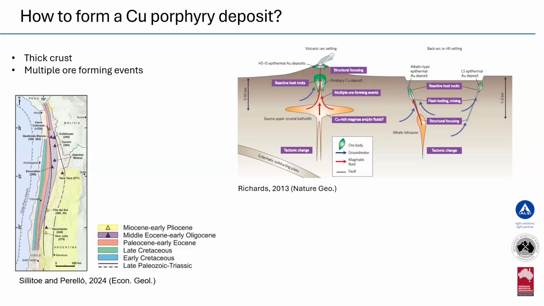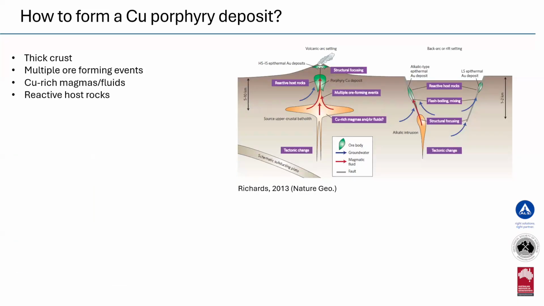So it seems that the system is already fertile. It's already pregnant with all these metals, just waiting for them to be restored. We need to have copper-rich magmas and fluids and reactive host rocks.